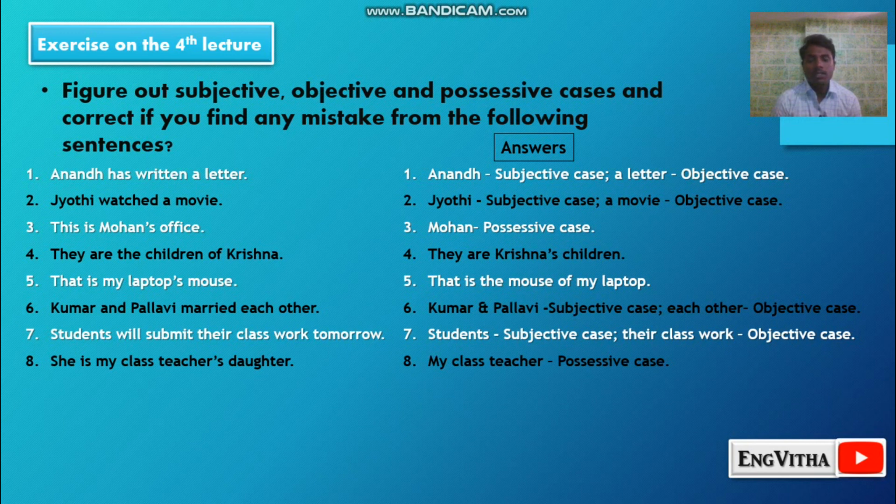Here, who will submit the classwork? Students. So the students are in the subjective case. And what is in the objective case? What will students submit? Their classwork. So their classwork goes to the objective case.